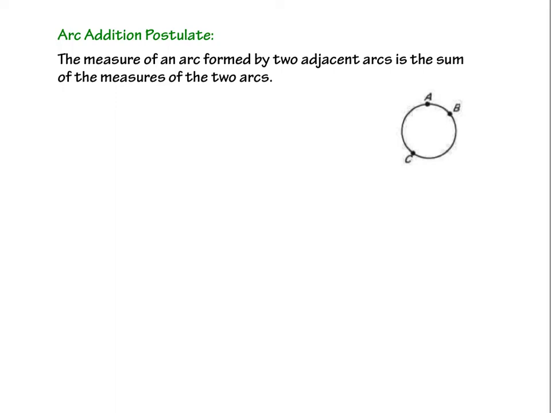The arc addition postulate just states that the measure of an arc formed by 2 adjacent arcs is the sum of the measures of the 2 arcs.